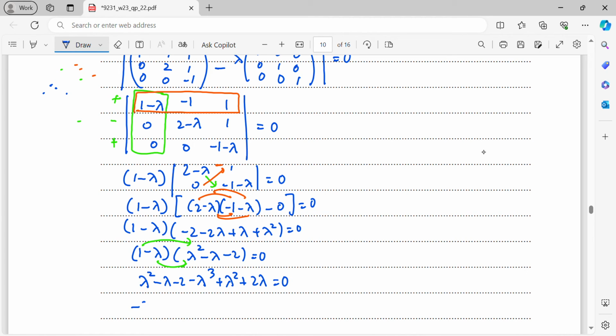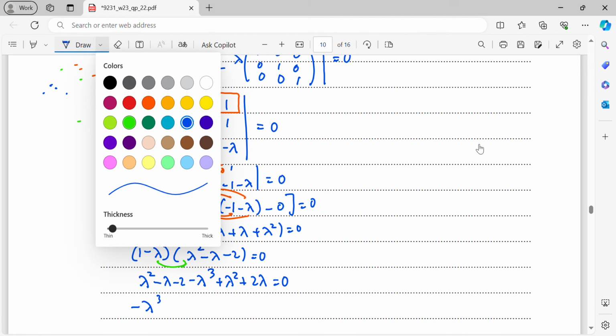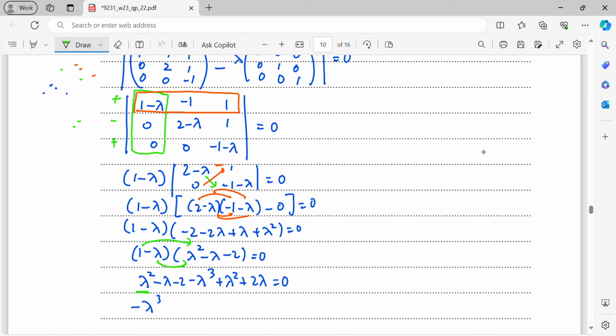Okay, then I simplify. There's only one term with lambda cubed. Then for the lambda squared, you have lambda squared and plus lambda squared. Therefore, 2 lambda squared, positive. And then followed by the terms with lambda. So minus lambda plus 2 lambda is plus 1 lambda. Then lastly, minus 2 equals 0.